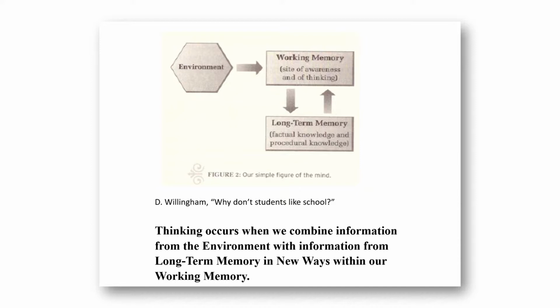From long-term memory, we take factual knowledge and procedural knowledge. Factual knowledge is how do we solve this problem? Procedural knowledge may be things such as, how do you subtract one number from the other? How do you take a ratio? When we combine these facts from the environment and items from our long-term memory in new ways, we come up with critical thinking in working memory.